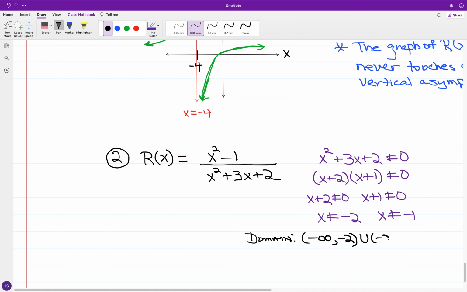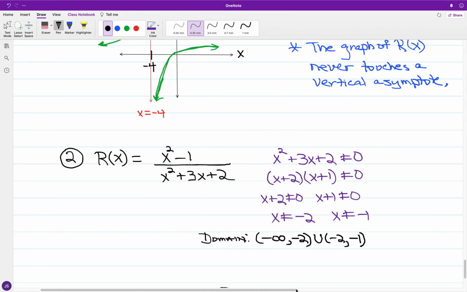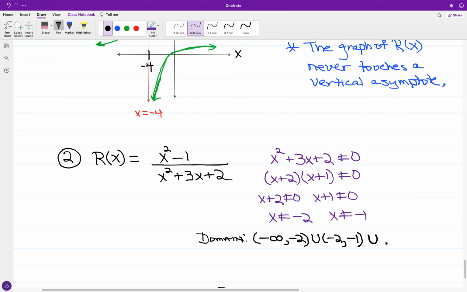And still leaving out -2, we have those values of x between -2 but not including -1, so -1 is also left out. And for the rest of the domain, we have those values of x greater than -1. So that's going to be the domain.